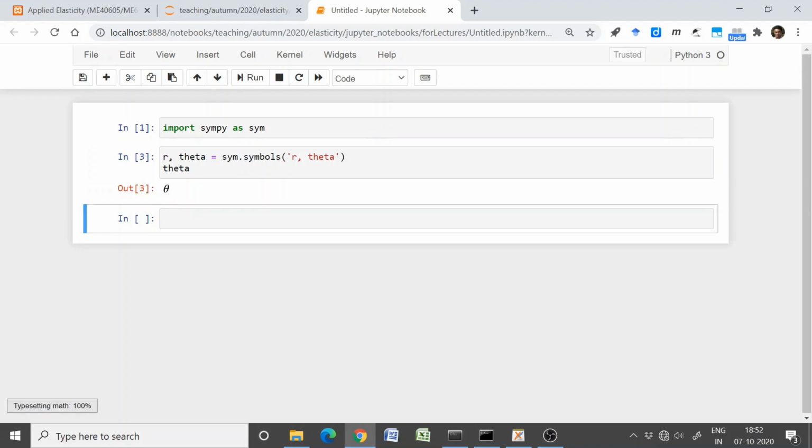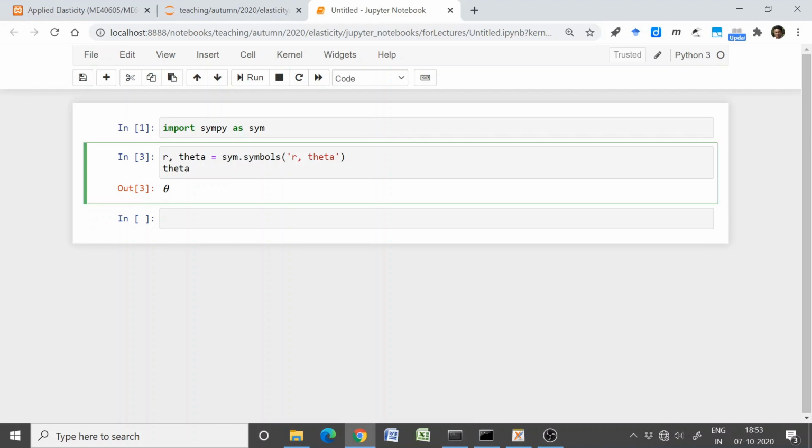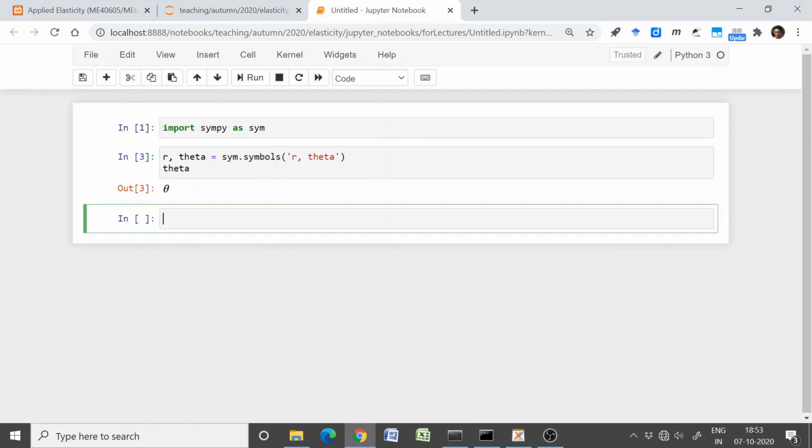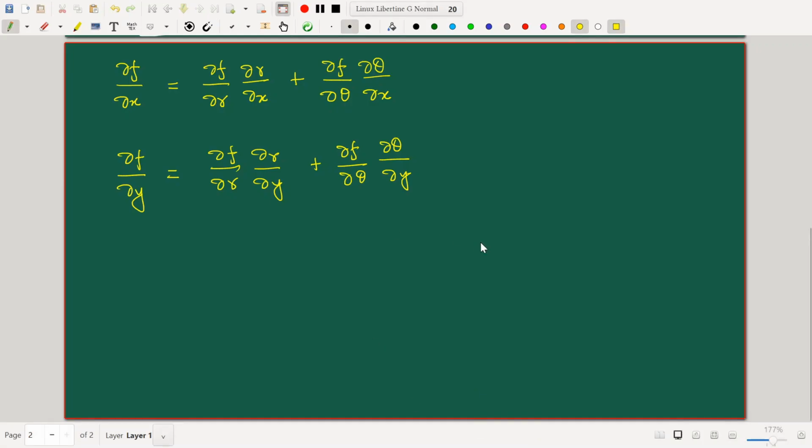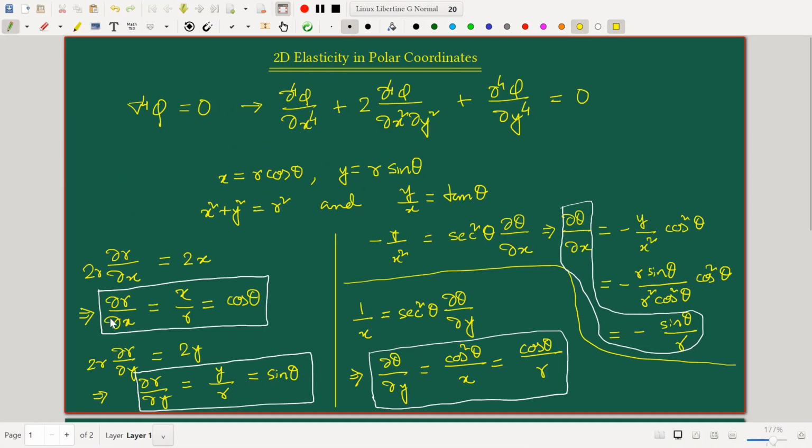But if we run this, you see the actual visual representation of it is in the symbol that you would write on a piece of paper. So that's very nice. All right. Now, as I mentioned, our first job would be to write down the expressions of del r del x, del r del y, all these things that we had written down in our writing app here. So going back to the first page, we'll write down this as del r del x.